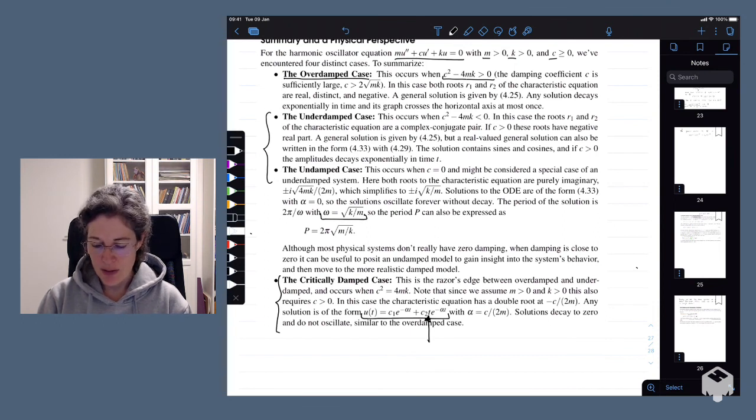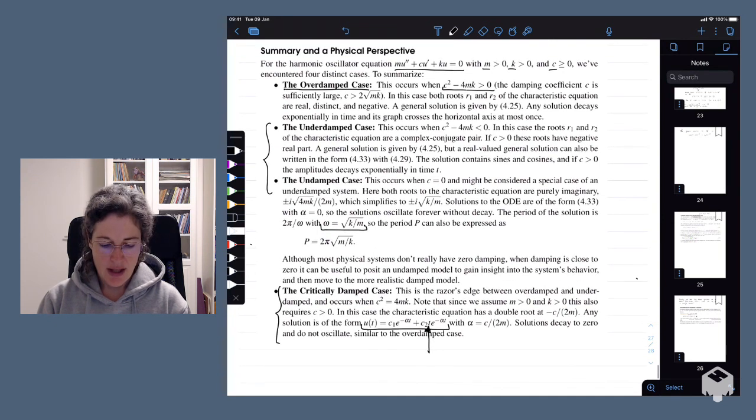We will probably talk a little bit more about this in the future, but you'll find if you plot this that our solutions do decay to zero and they don't oscillate. So it's quite similar to the overdamped case, but the form of the solution looks a little bit different. So plot it for yourself.